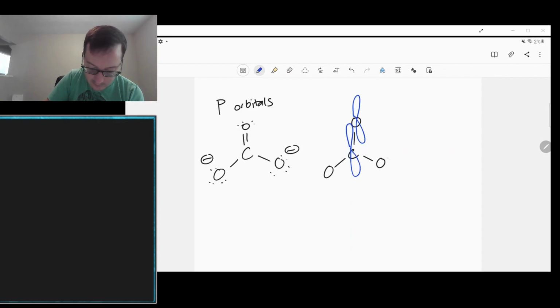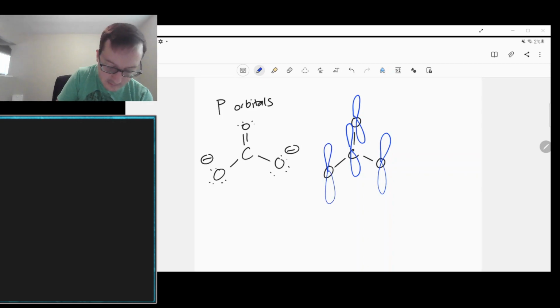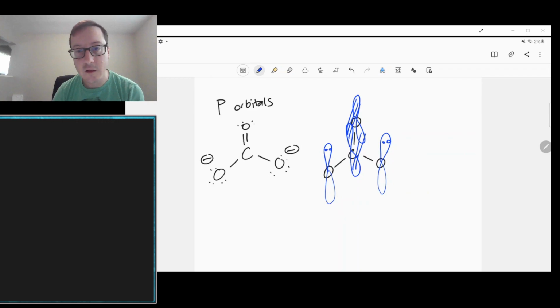And all of these oxygens have p orbitals. And it so happens that as I've drawn it, these p orbitals are housing the lone pairs, whereas these p orbitals are bonding. They form the double bond there.